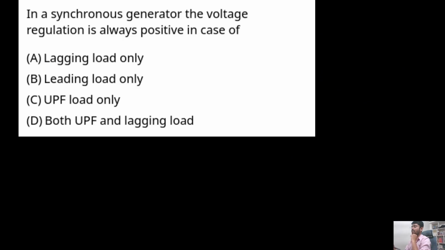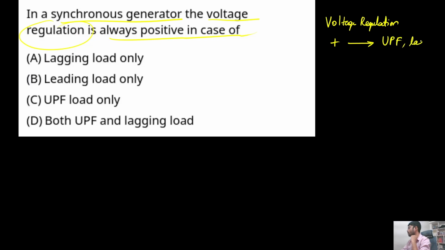In a synchronous generator, the voltage regulation is always positive in case of which load? We know that voltage regulation in a synchronous generator is positive in both the cases, that is unity power factor and lagging power factor, and it can be positive, 0 and negative in the case of leading power factor.